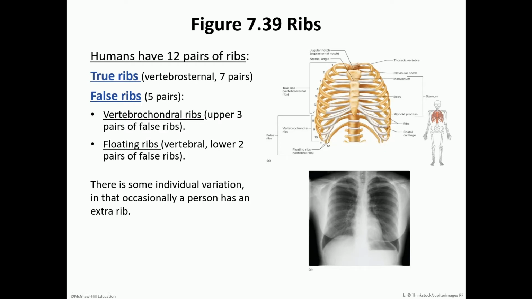They do not connect to the manubrium, and they are floating in the back, and we call those floating ribs. These ribs can rupture and lead to damage of the surrounding structures, for example, damage of the spleen. Some individuals actually have an extra rib. There is variation, but the vast majority of us have 12 pairs of ribs.